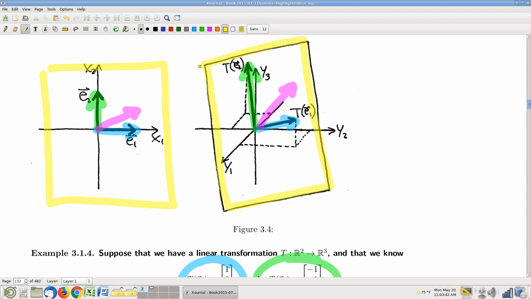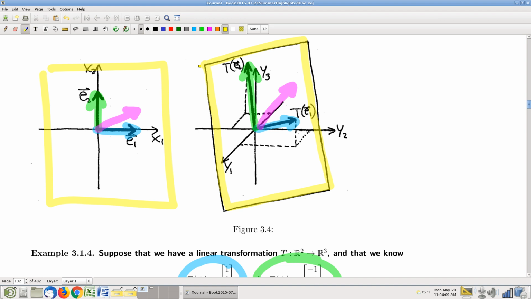So what this function does, simply by virtue of knowing the blue and the green, is it takes R2, the x1, x2 plane, takes this whole plane, picks it up, and sets it down into this plane that I get by looking at these green and blue vectors, and stretching everything out in a kind of a uniform way.